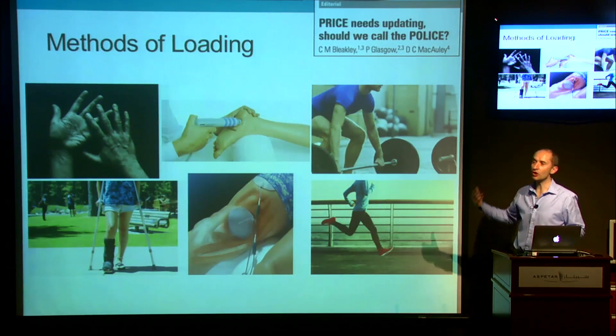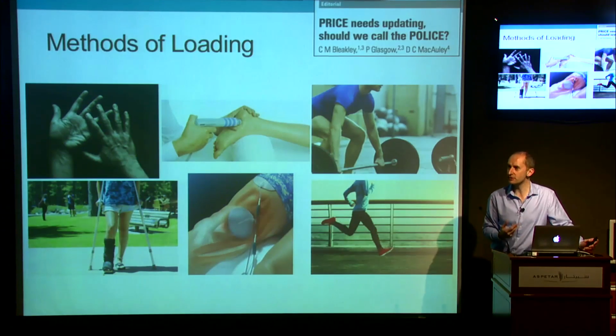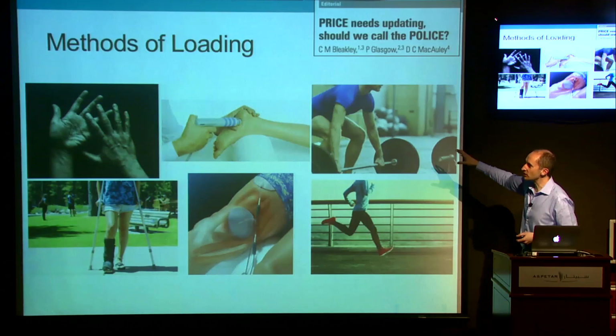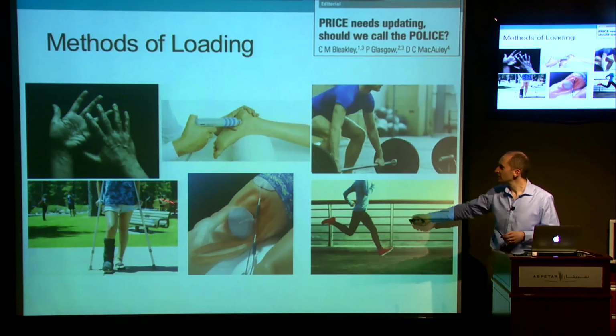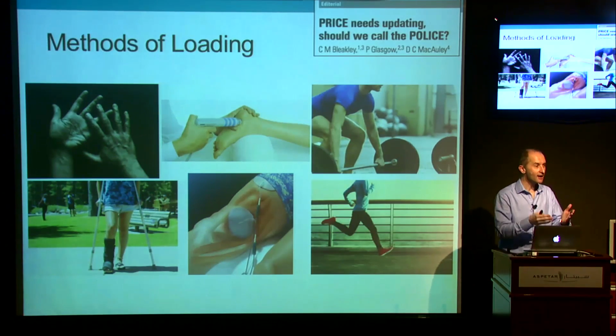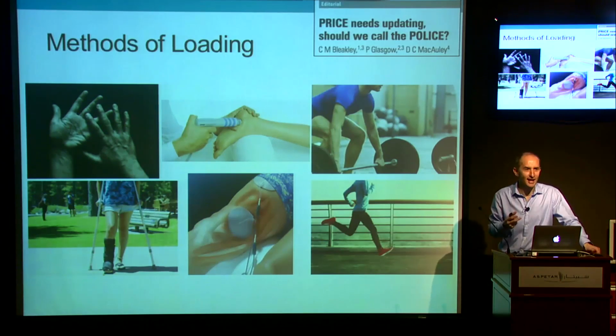We may use things like shockwave. It is a mechanical force, it's a mechanical load, and it will get a mechanical response. There's conventional ways of loading in typical strength training. But I would also argue that the use of braces and crutches or supports is a good way of facilitating early loading. I don't view them as a way of unloading, but a way of optimizing load.